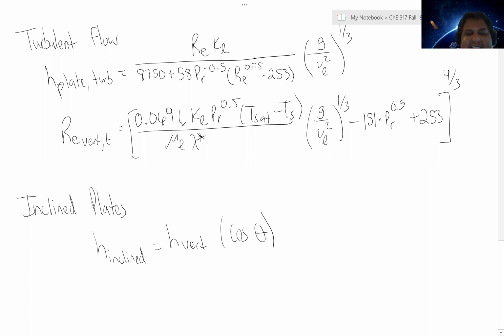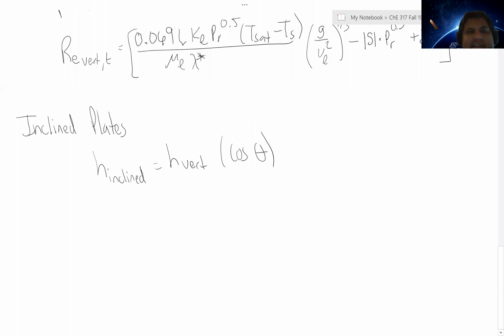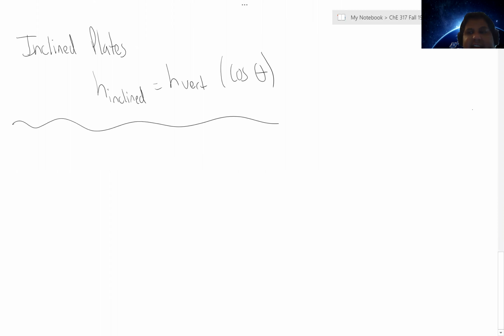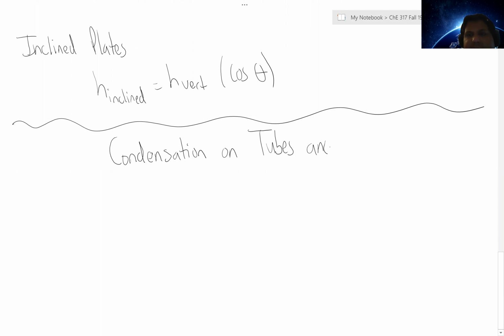All right, and I think this is about where we left off, where now we can look at tubes and tube banks. Or, to make this neater, say condensation on tubes and tube banks.